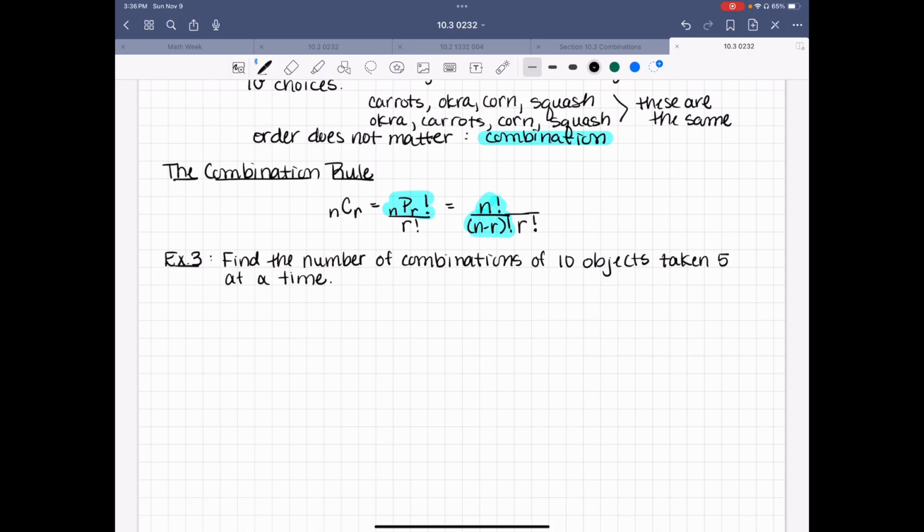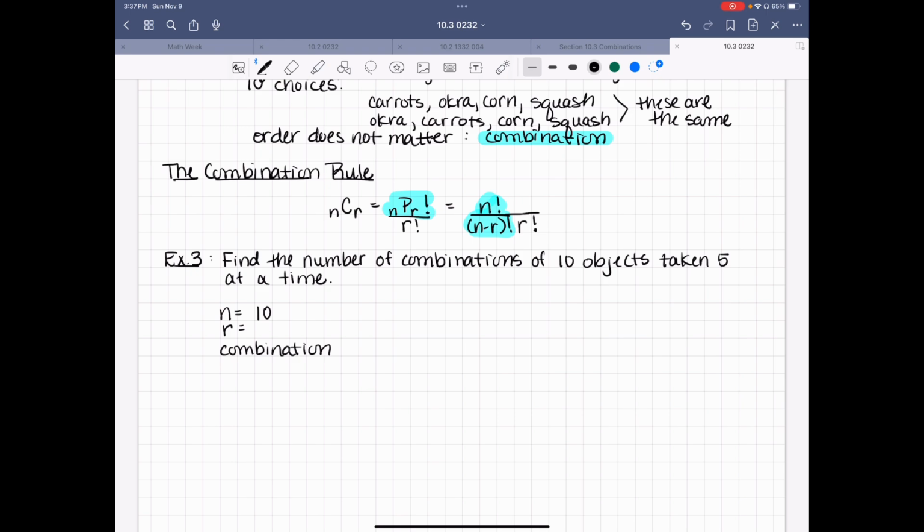Now remember, when we're working these problems, we need an n, we need an r, and we need to know if it's a combination or permutation. Well, they've told me it's a combination, so I'm good on that. What's my n going to be? Remember, that's the total number of objects. So there are 10 objects, and r is the amount we're taking or choosing.